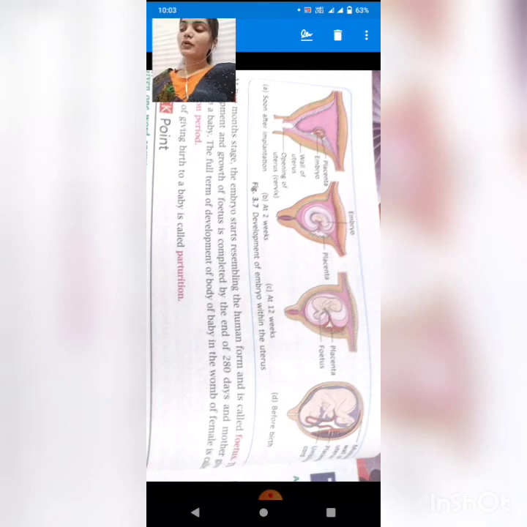The full term of development of the baby in the womb of the female is called the gestation period. Now, what is parturition? Parturition is the process of giving birth to a baby.